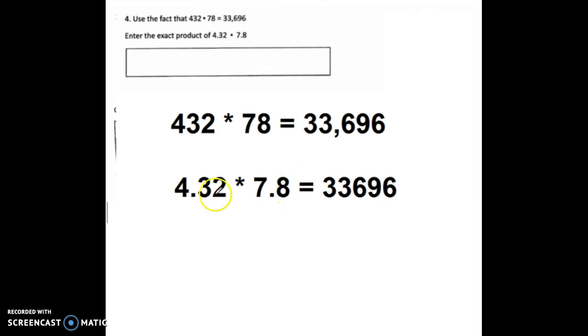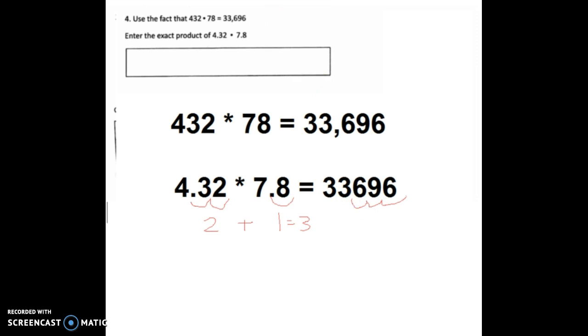So let's see here, there's 2 numbers, right? And here's 1 number. So 2 plus 1 equals 3. So I'm going to go back over here where my decimal is, because if there isn't a decimal, it means it's at the very end of a number. So it's over here. I'm just going to move over 3 numbers. 1, 2, 3.